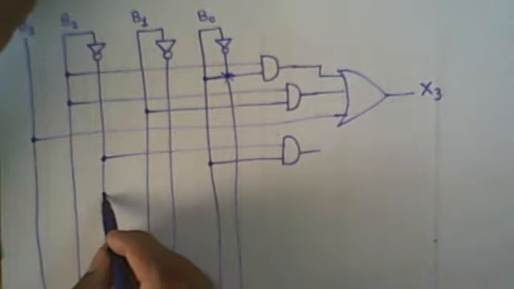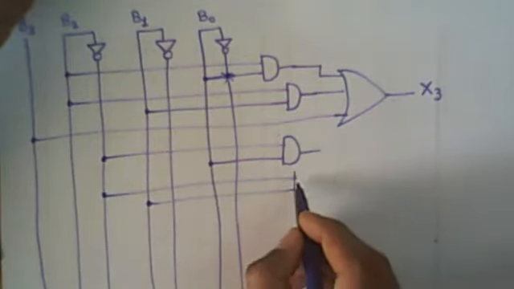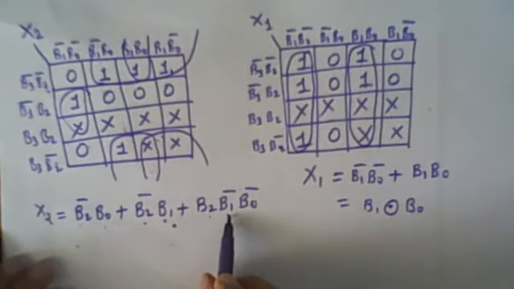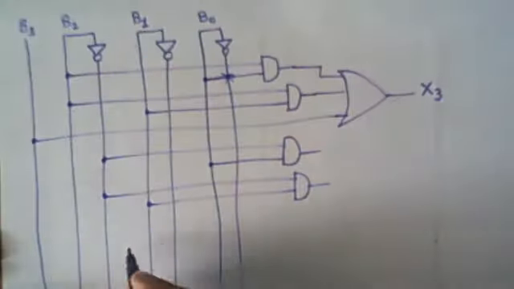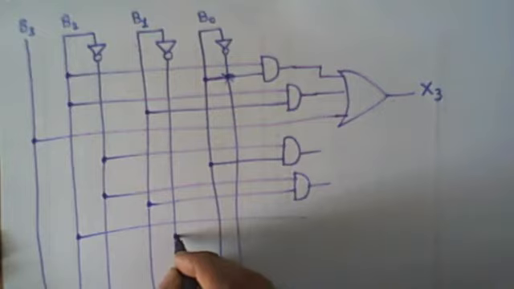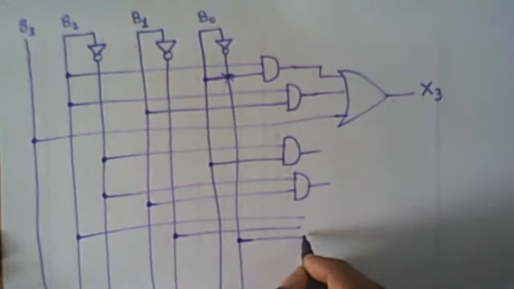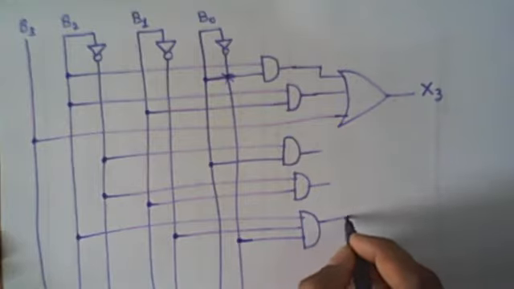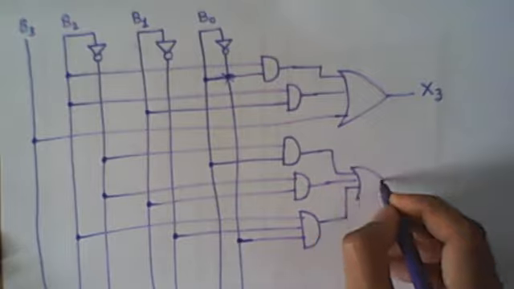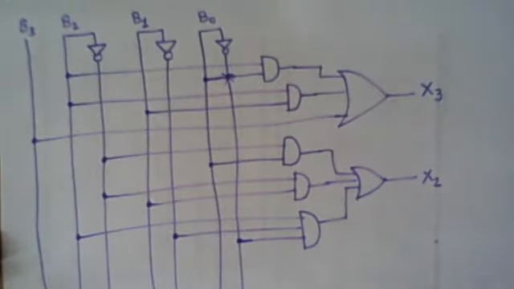And the third is B2, B1 bar, B0 bar. ORing of these three terms produces the X2.